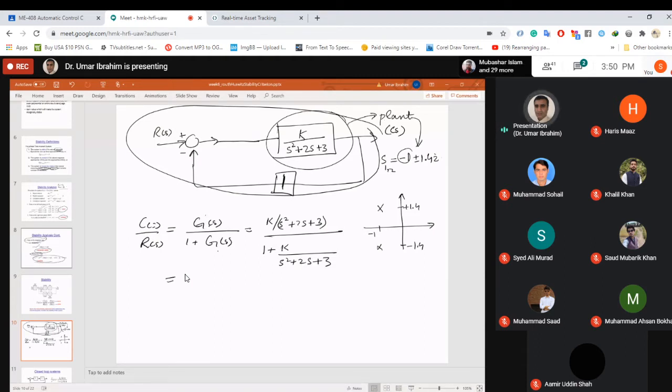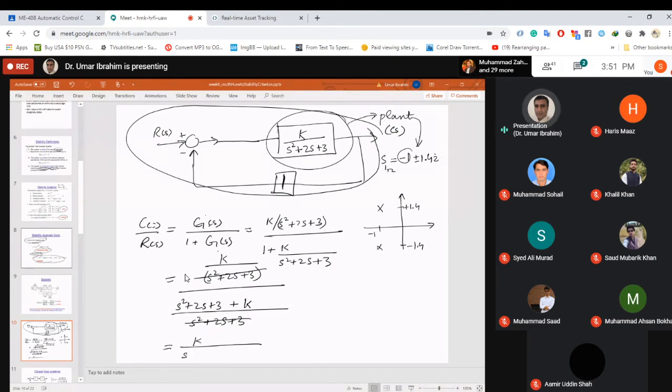It comes out to be K over S squared plus 2S plus 3, divided by S squared plus 2S plus 3 plus K. I can cancel out these two, and my final transfer function will come out to be K divided by S squared plus 2S plus 3 plus K. Clear up to here, students? Clear, sir.